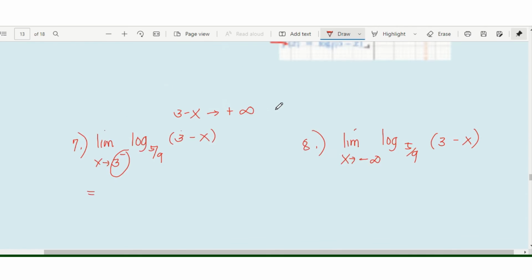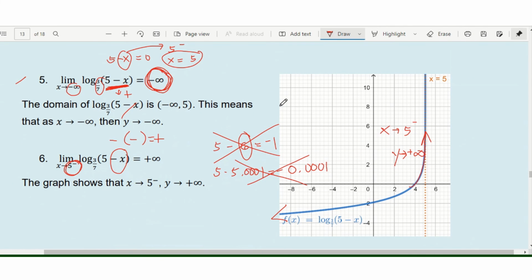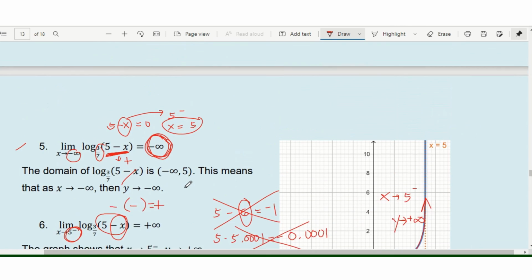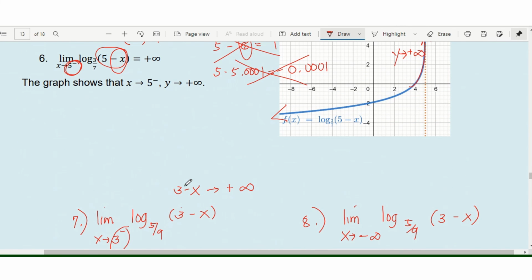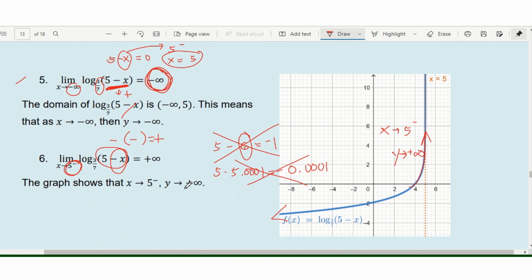That is also being supported. Katulad lang din siya ng number 5. Na kapag lalapit-lapitan mo ang 5 from the left, they're always the same, right? 3 minus x lang yung given dito. Okay? They also have the same behavior on the base, which is less than 1. Then, ang mangyayari sa values ng 3 minus x ay tuloy-tuloy sa pag-increase.